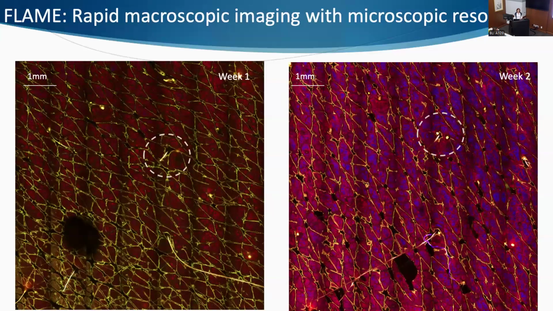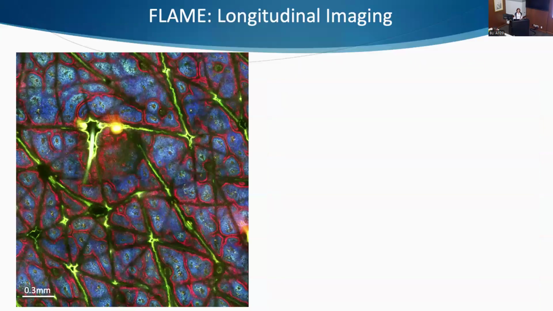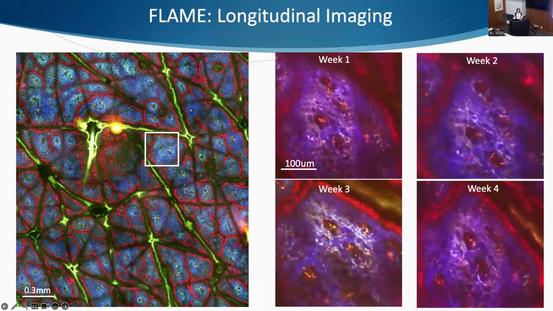Once you make sure you are in the same area, you zoom in with our tile mosaic, and you get this type of image. This is what we've been imaging at different time points to make sure that we can go back to the same location each week.